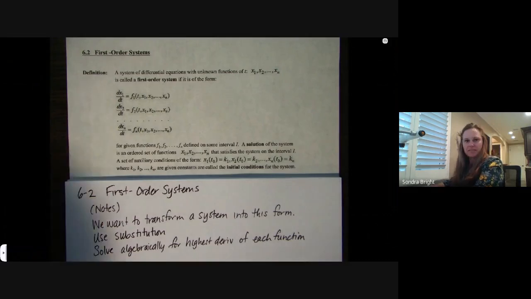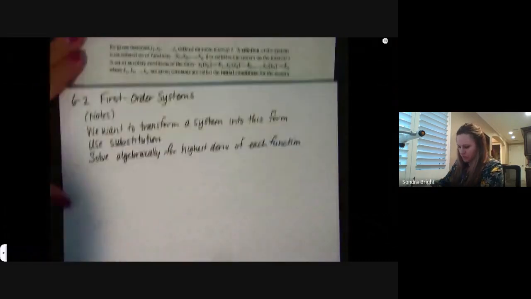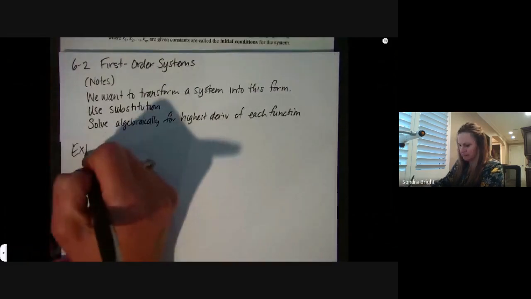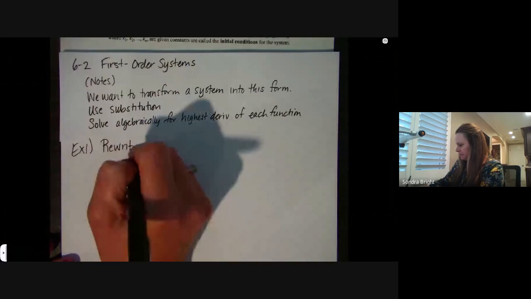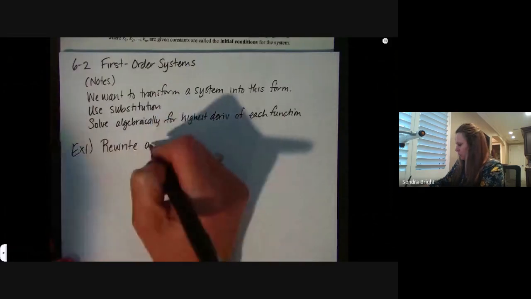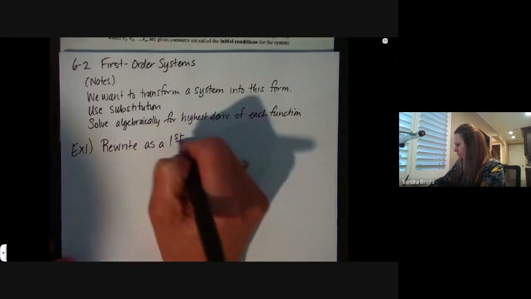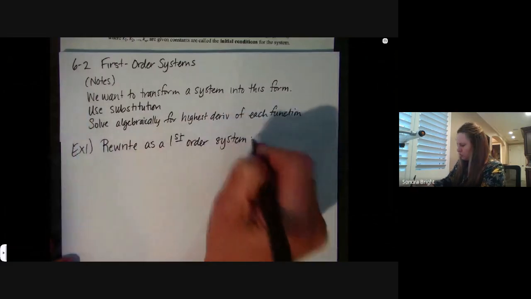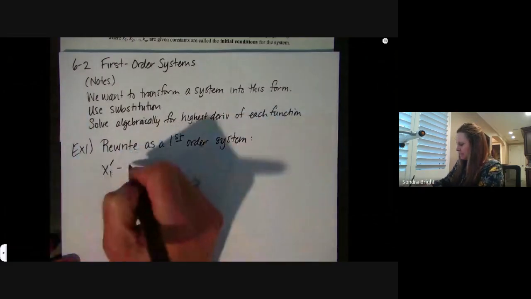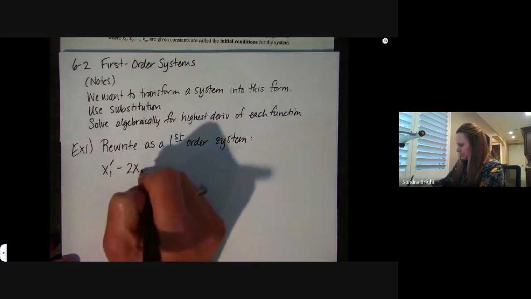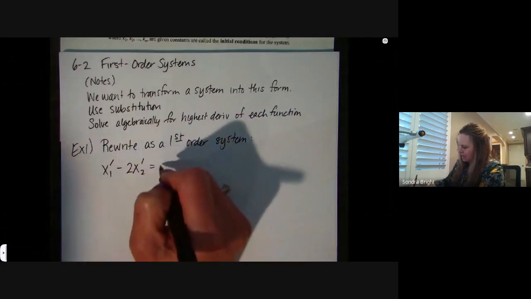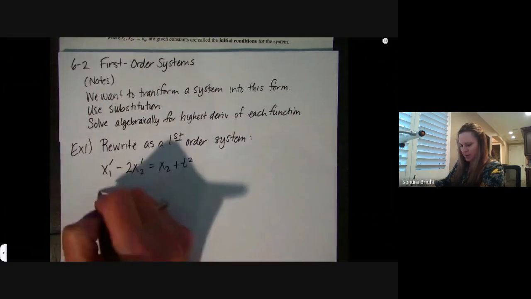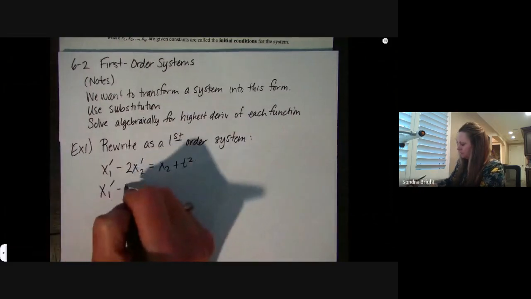All right, so the first example is we want to rewrite as a first order system: x1 prime minus 2x2 prime is equal to x2 plus t squared, and then x1 prime minus 3x2 prime equals 0.